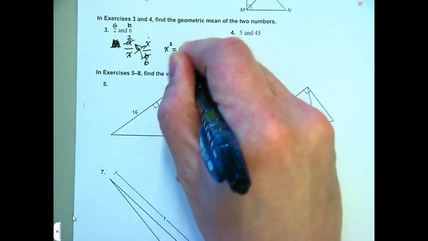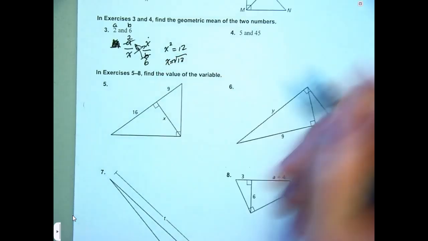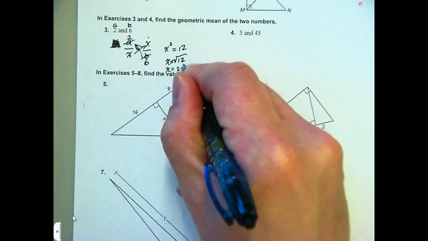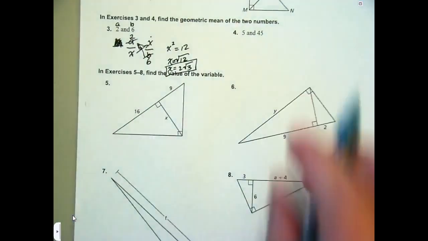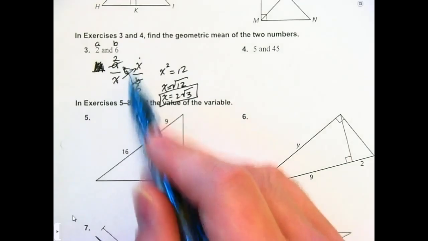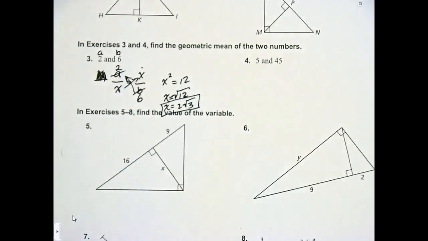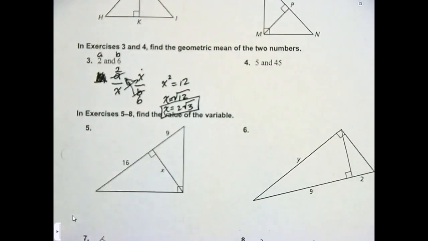If x squared equals 12, you'd have x equals root 12, which we know is 2 root 3. Reality is if I'm doing these problems, I'm probably just jumping right to this step, not writing that proportion every time. But I do want you to know that's how you write the proportion. Make sure that you can write it like that, so if you see it, you know that that's what we're talking about with geometric mean.